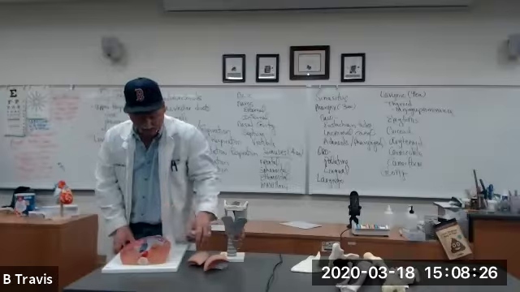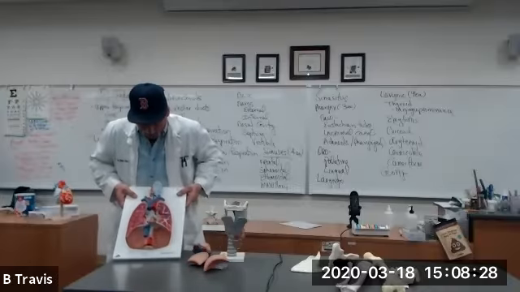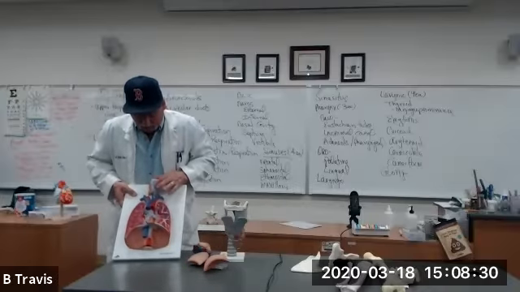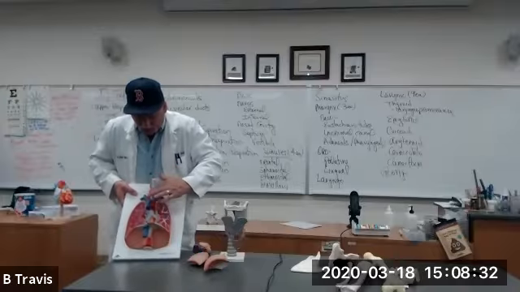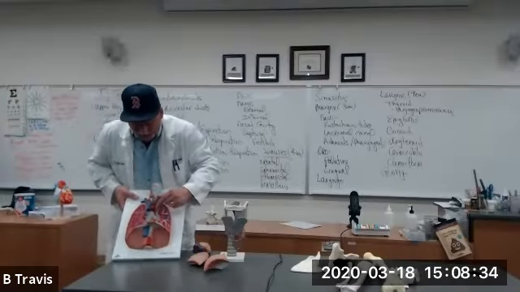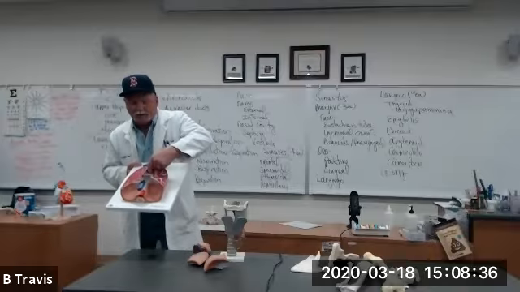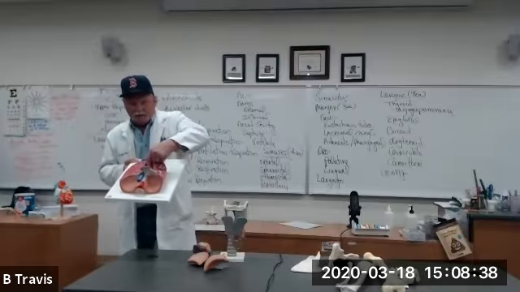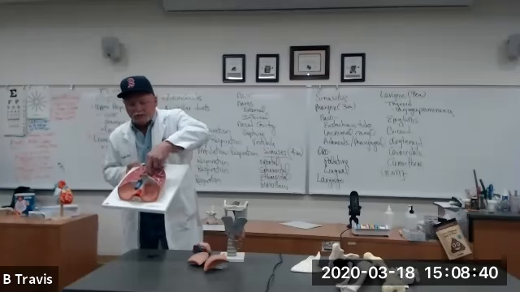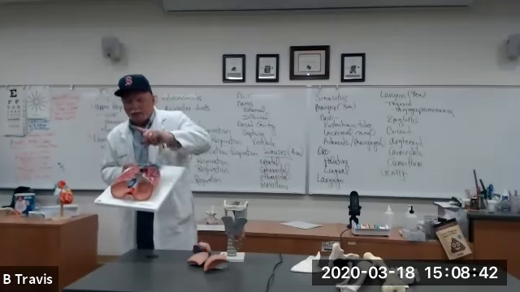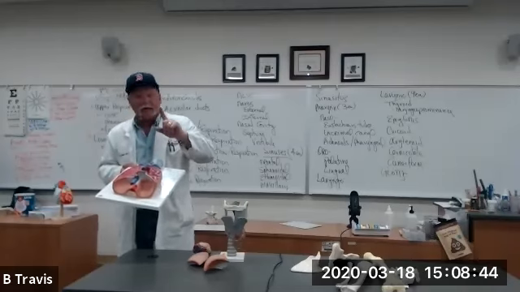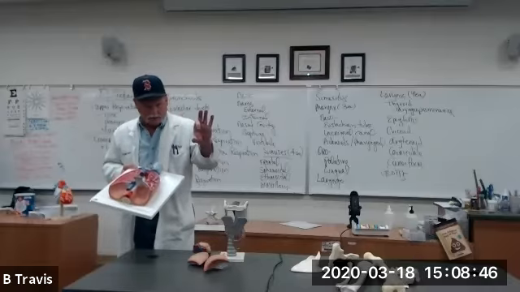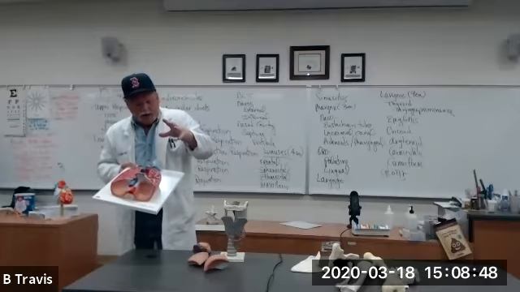This is a model we have in lab. This is the same thing I was holding. This is the trachea. You can barely see it here. Here's the trachea coming down in between where the heart was at. And then you can see it splits. When it splits, it's called a bronchi. Still has cartilaginous rings, cartilage rings to hold open the air passage.